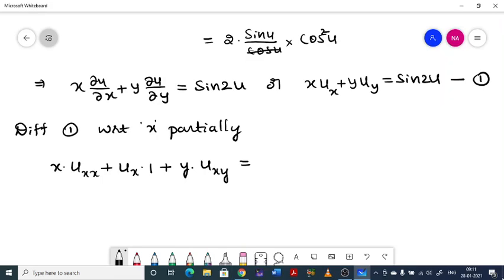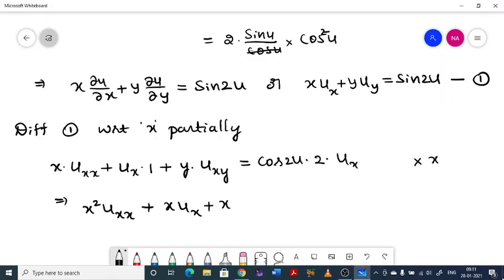Equal to derivative of sin 2u, that is cos 2u, into derivative of 2u, 2 into ux. Multiply this by x. So x square u double x plus x ux plus xy uxy equal to 2 cos 2u into x ux. We can call this equation 2.